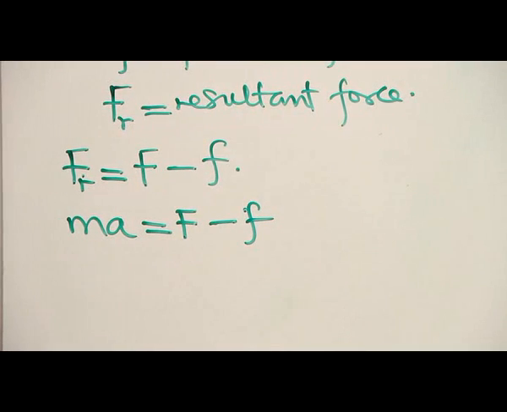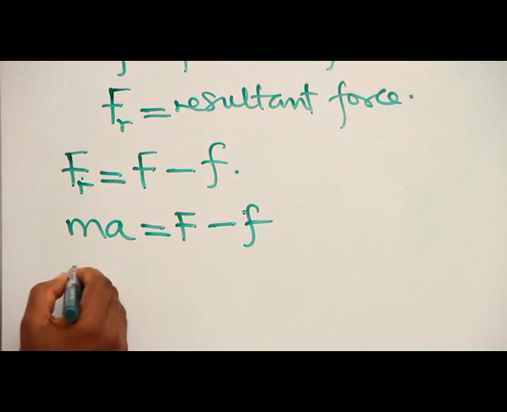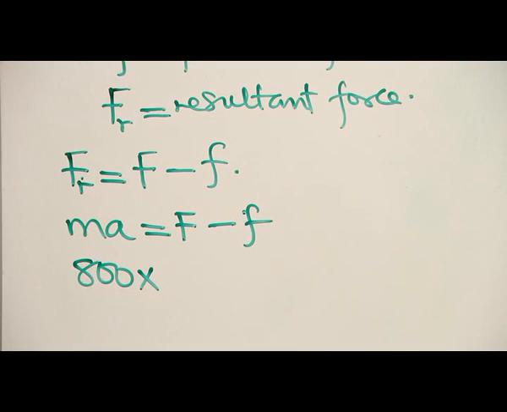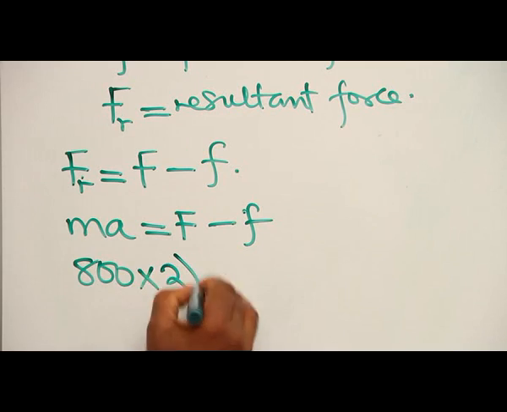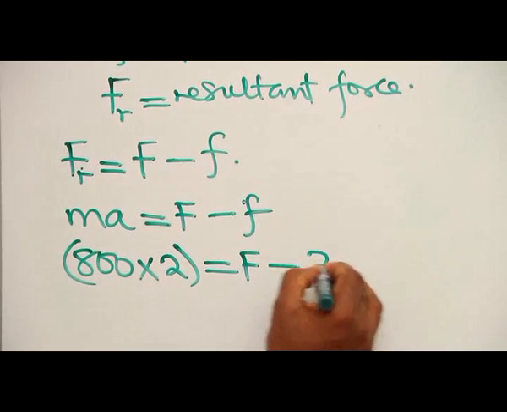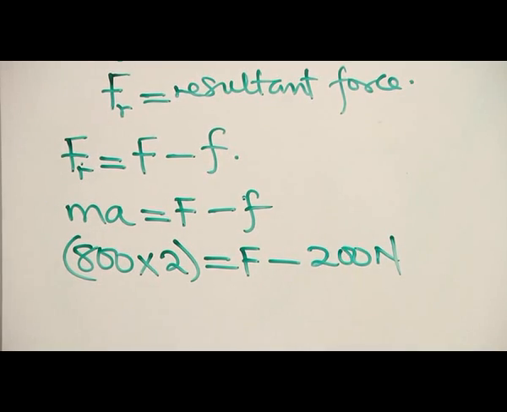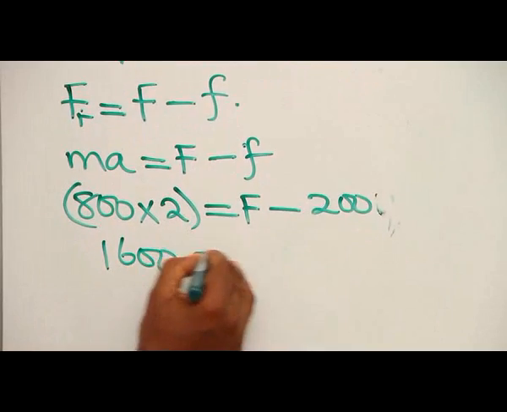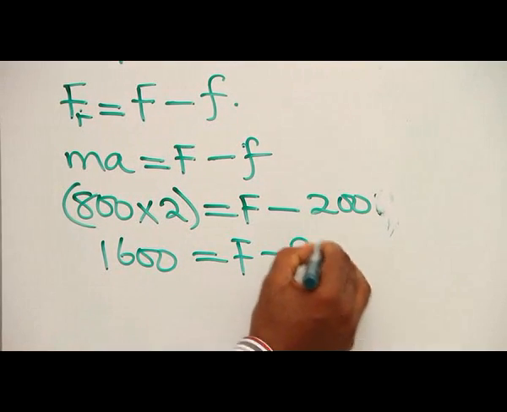M is 800, acceleration is 2, applied force is unknown, minus frictional force, 200 Newton. 1,600 is F minus 200.